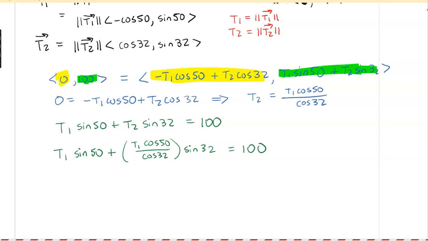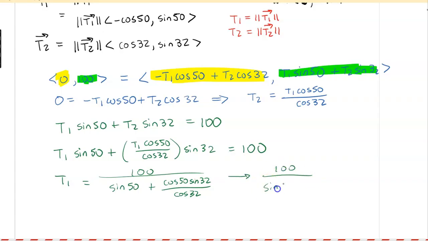I'm going to factor out T1. I'm going to show you exactly what T1 is equal to. T1 is equal to 100 over sine of 50 plus, I'm going to have a fraction inside of a fraction, which isn't always great math, but if you're just typing this into a calculator, it doesn't quite matter, does it? So it's going to be equal to that. If you want it to look a little bit nicer, 100 over sine of 50 plus cosine 50 tangent of 32, which is approximately 85.64, and that's going to be pounds for this question.